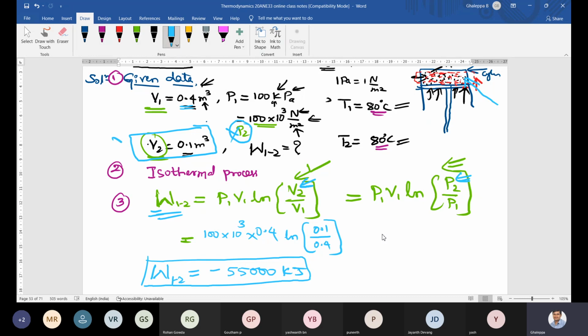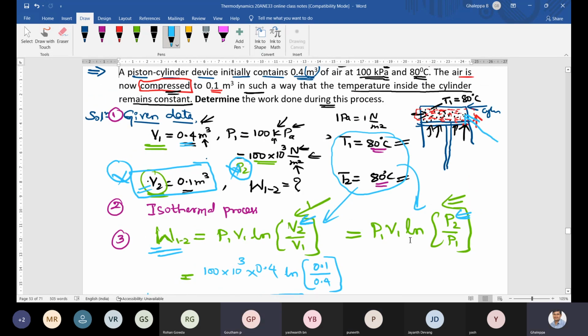What I am saying is V2 is not given, and assume P2 is also not given. How will you calculate V2 or P2? Using this data, which is given. We have not used this data in either equation because volume is given directly. If volume is not given, which equation will you consider? The general equation.